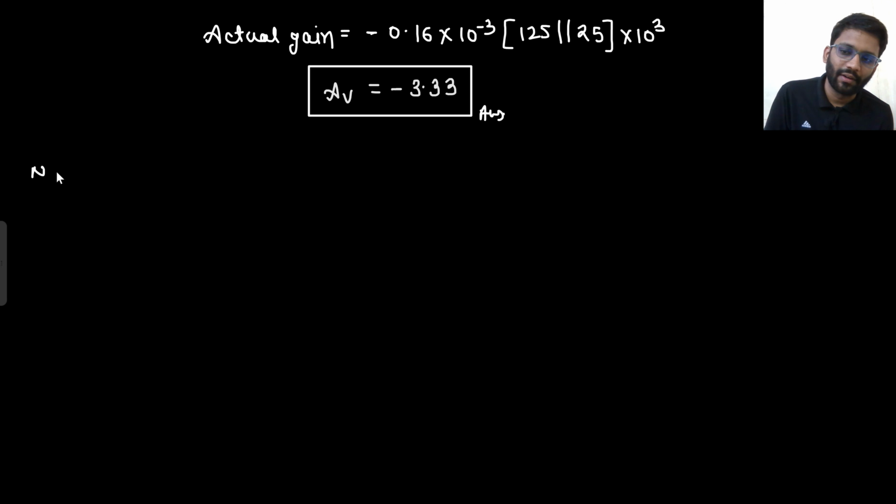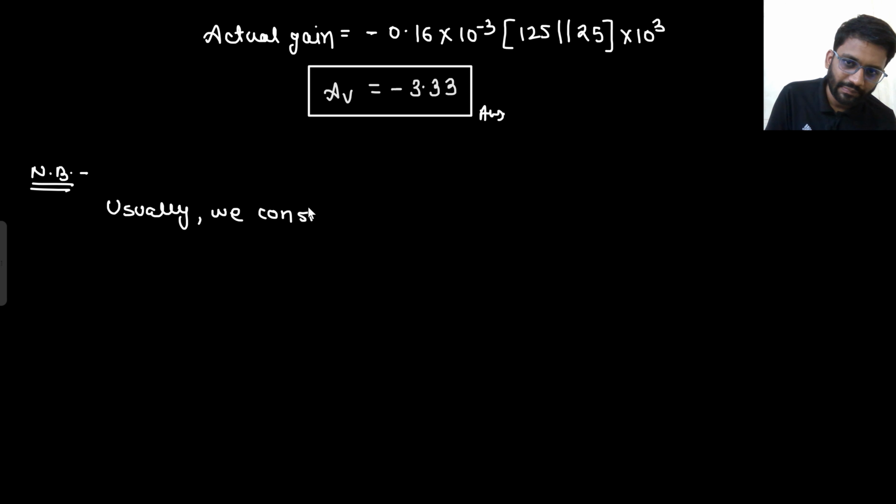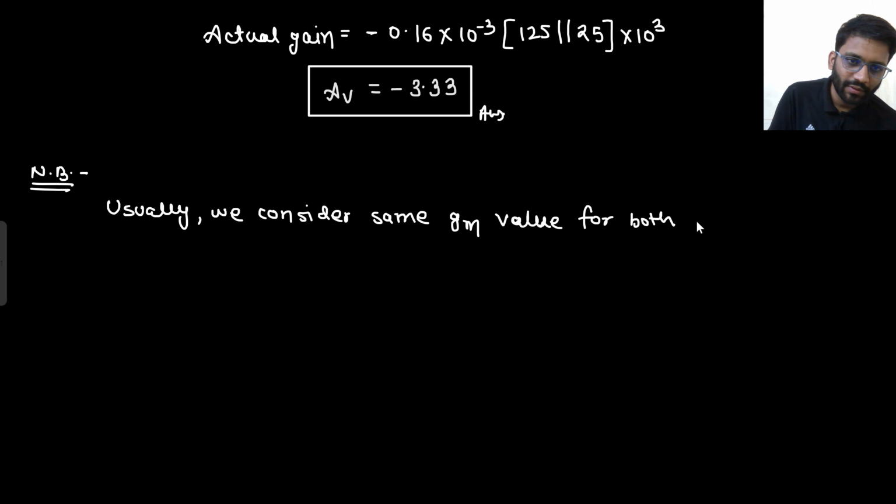So I can write a note here. Usually we consider the same GM value for both of the cases, lambda equals 0 and lambda not equal to 0.